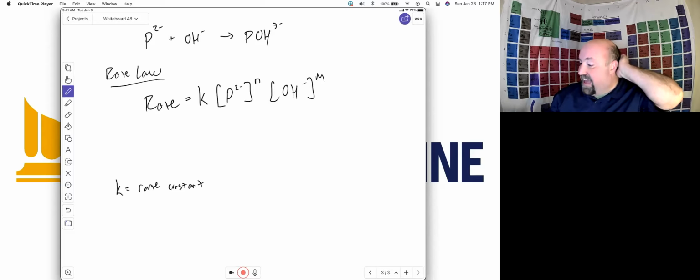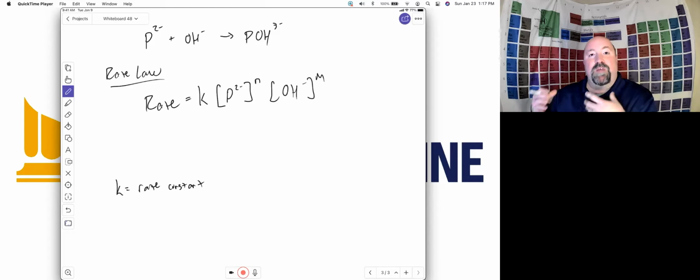And so if n, for instance, is 0, then we would say that this reaction is 0 order with respect to phenolphthalein. If n is 1, then this reaction is first order with respect to phenolphthalein. If m is 1, same thing, we would say this reaction is first order with respect to hydroxide. And then you can add up the orders to find the overall rate order for the entire reaction.